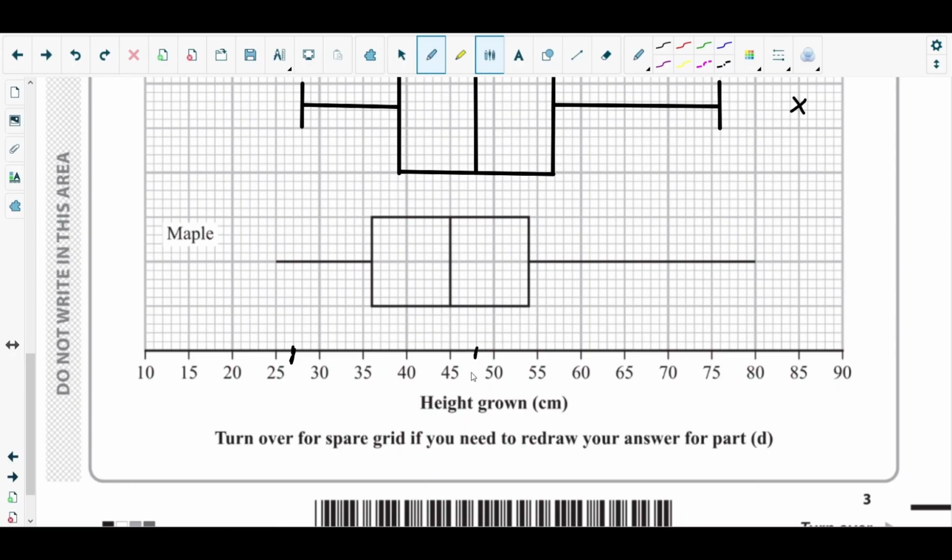So they said the shape of the box plot is not changing. That means the positions of the 4 data values would be at 4 locations.